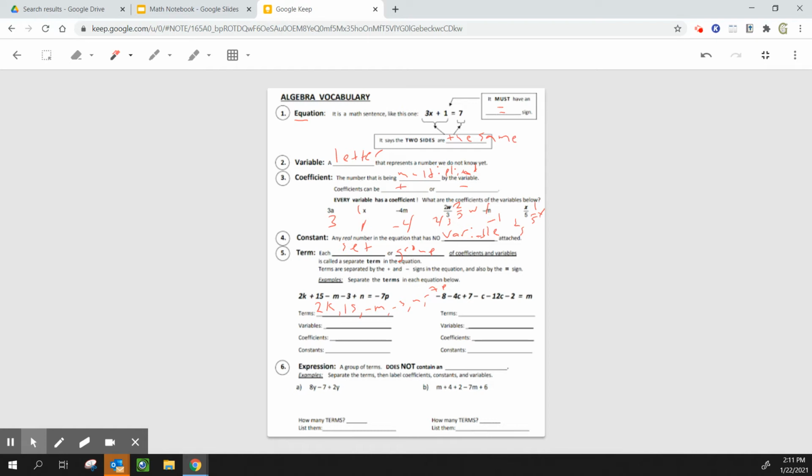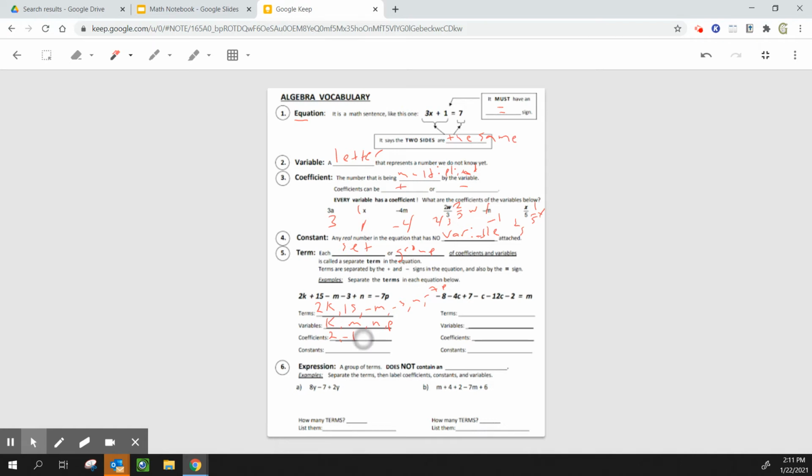Variables are the letters in the problem. So this one has a couple. It's got k, it's got m, it's got n, and p. Coefficients are numbers that multiply by the variables, right? So there's a 2 that's times the k. There's a negative 1 that's times the m because it's minus m, like we did up top there.